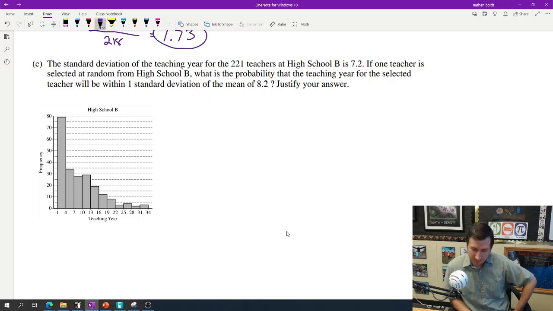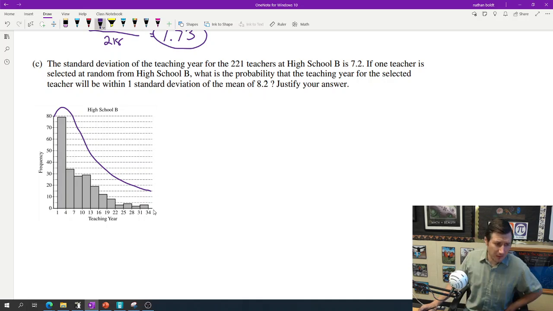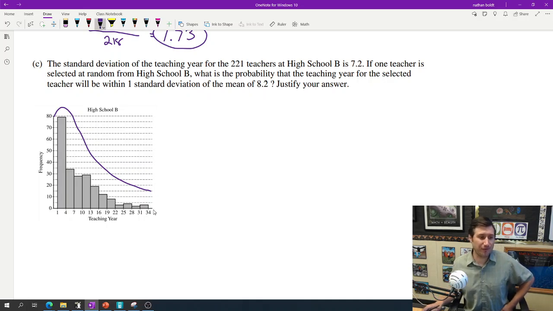No. That only works if the distribution is normal. And this most definitely is not a normally distributed sample. All right, this is definitely heavily skewed to the right. So we simply just have to find the proportion here. How many teachers are within one standard deviation, and then divide that by 221.